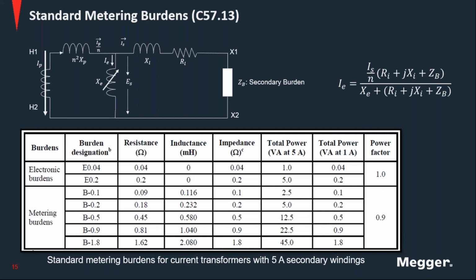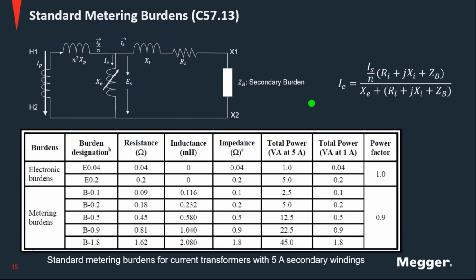For metering purposes, you have 0.9. For electronic burdens, it is 1. So you can see here that CTs designed for electronic burdens can handle just smaller loads and not as big as the metering burden. So this is what the instrument transformer can handle, the maximum characteristic of the load to be connected.